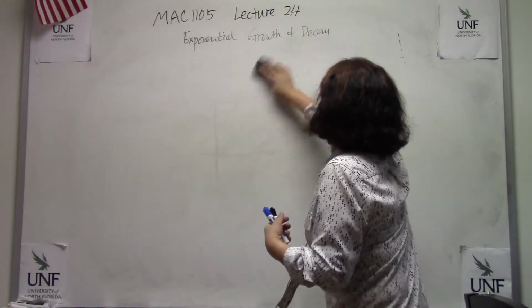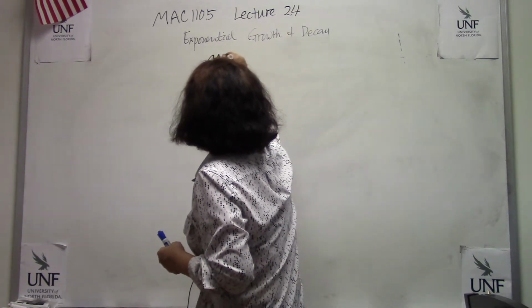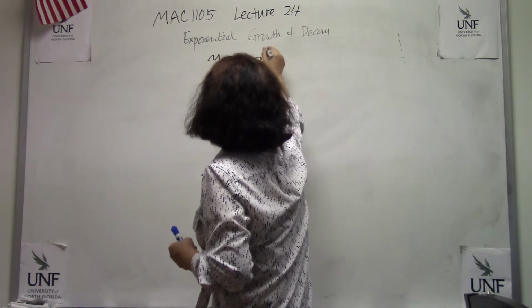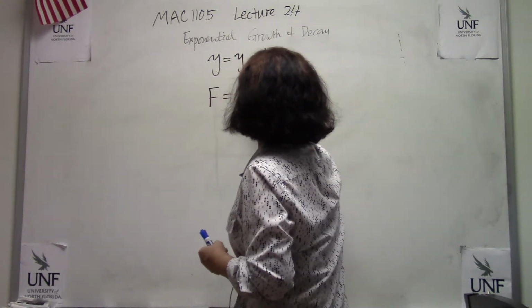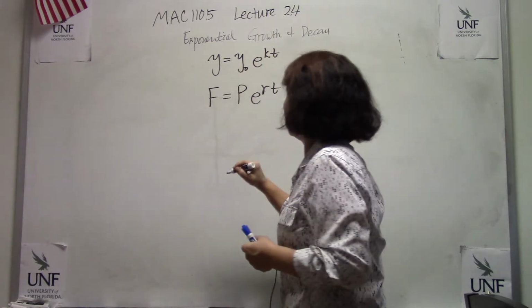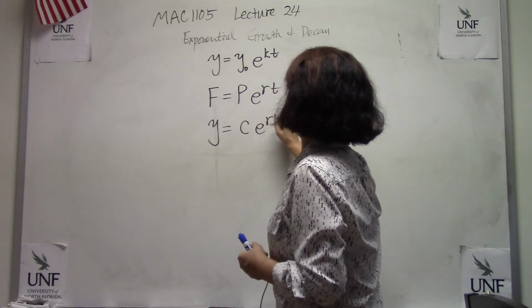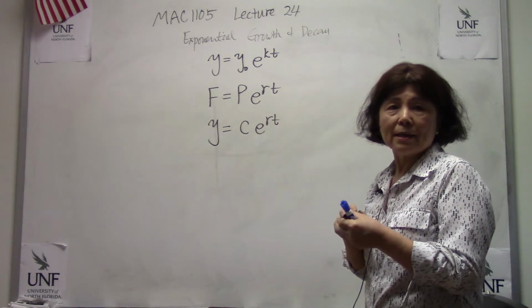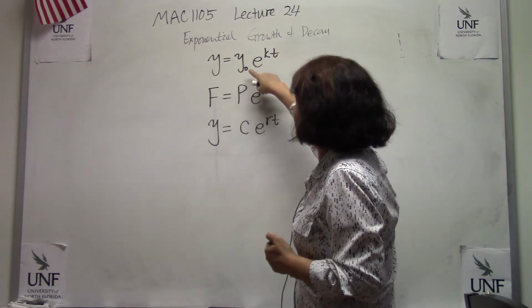So you can see, depending on the book, y equals y naught e to the kt, or f equals p times e to the rt, or y equals c times e to the rt. They all look alike. What they have in common is that some outcome is some constant.